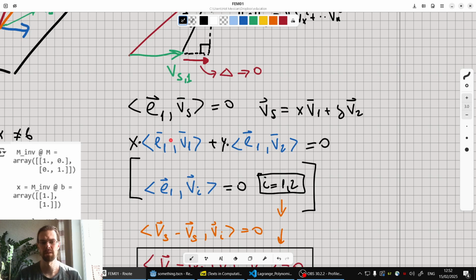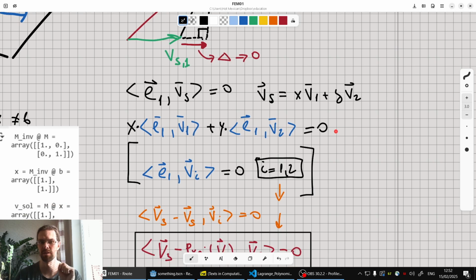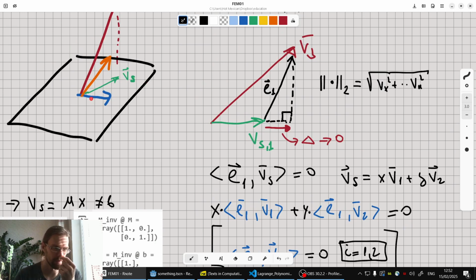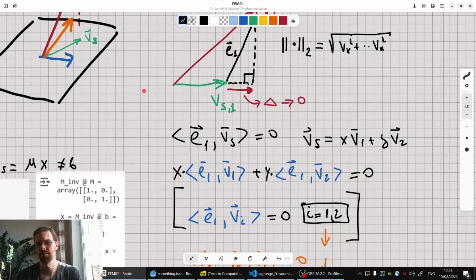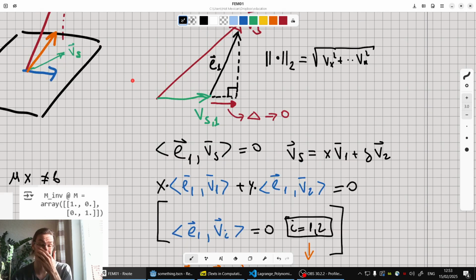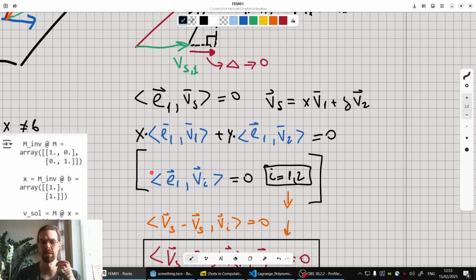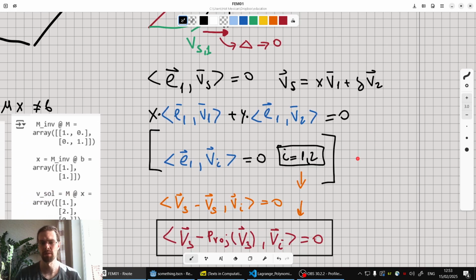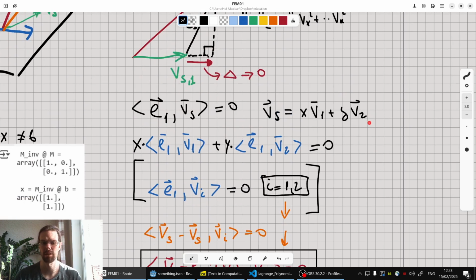It's only possible when projections of the error onto our basis vectors are all 0. You might think of it as these basis vectors producing such coefficients that the error has 0 projection onto them. In general, we come to this expression. If our solution is proper, if it's best in that L2 sense, it will behave like this.